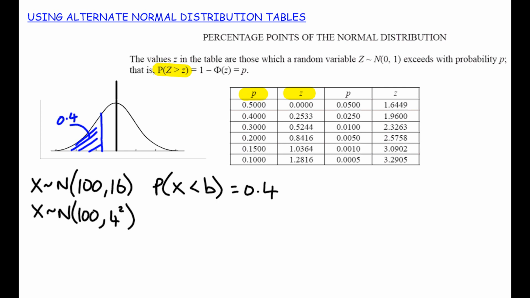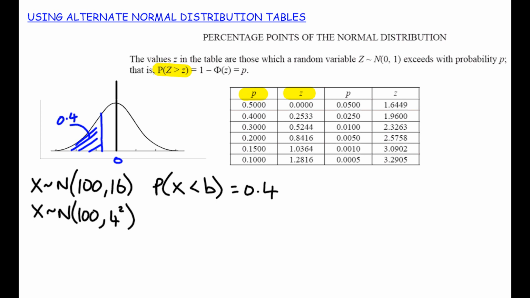That brings two things to mind. Firstly, if we know 0 is right here, my z-score is actually going to be negative. If it's on the left of 0, it's going to be a negative z-score. There are no negative z-scores in this table. What we're going to need to do is to think of the reflection.